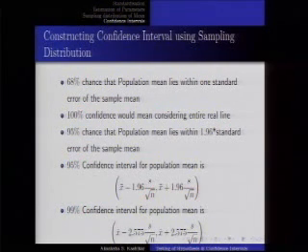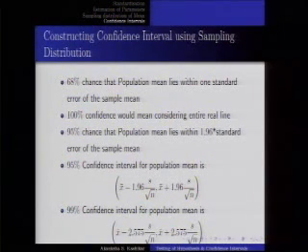And this 97.5th percentile for standard normal curve is almost 1.96. So if we want a 95% confidence interval, then it is given by x bar minus 1.96 into standard error, that is s upon root n, to x bar plus 1.96 s upon root n.